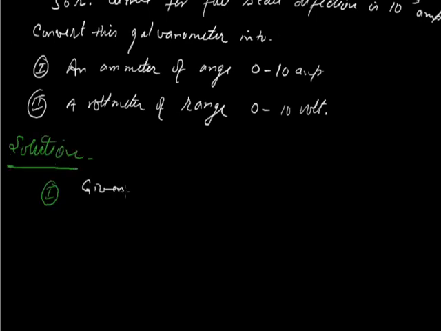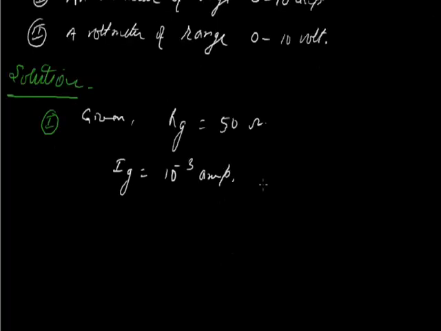First part. Given: resistance of galvanometer coil Rg is 50 ohm, the current for full scale deflection Ig is 10 raised to the power minus 3 ampere, and the maximum current, the main current I, is 10 ampere. So we find the shunt resistance, which is connected in parallel with the galvanometer coil to convert it into an ammeter, that's Rs.